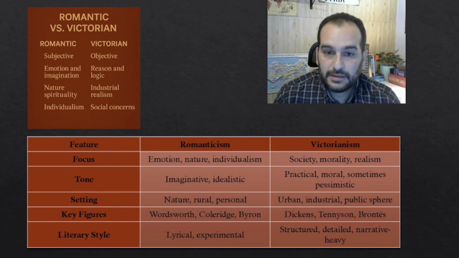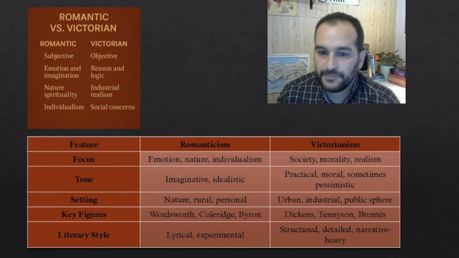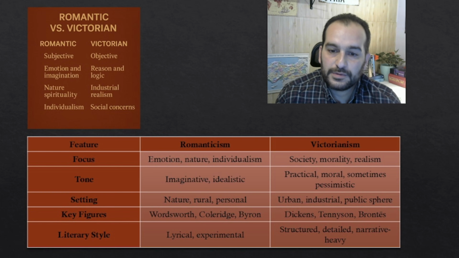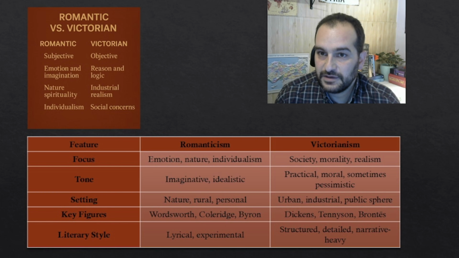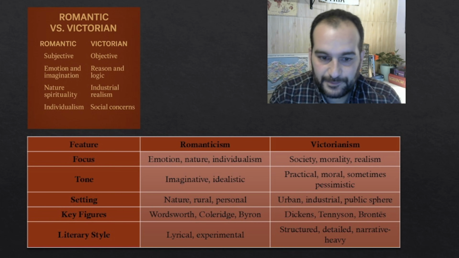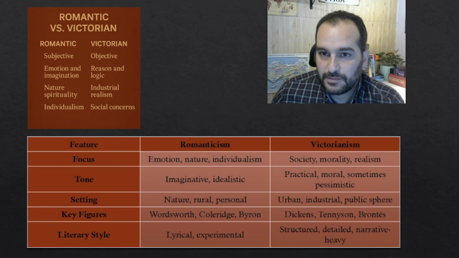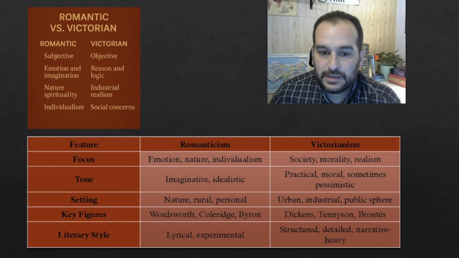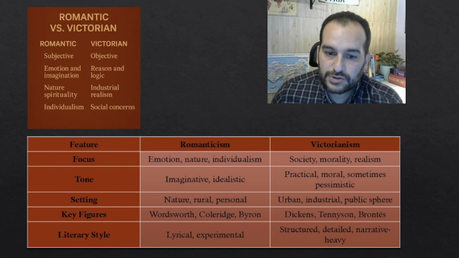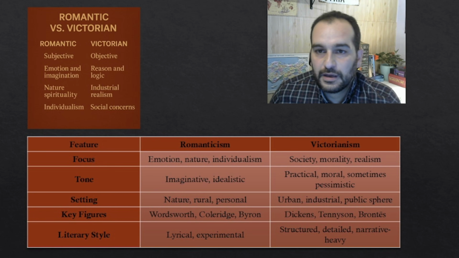And the setting, we see nature and personal settings in the Romantic literature. Meanwhile, we see urban, industrial, public sphere settings in the Victorian literature. The key figures, as you remember in the previous video, the Romantic period, we talked about William Wordsworth, Samuel Taylor Coleridge, and Lord Byron.